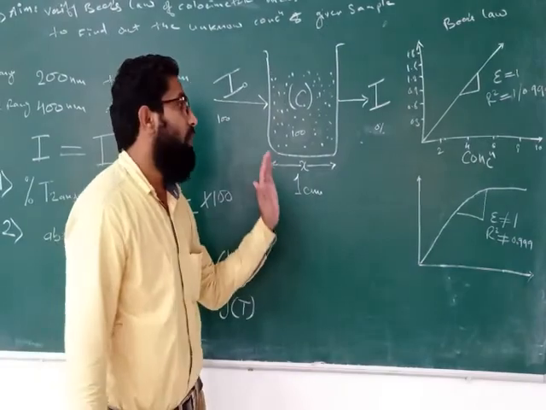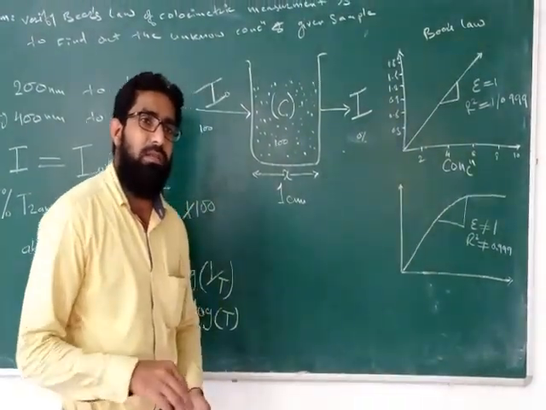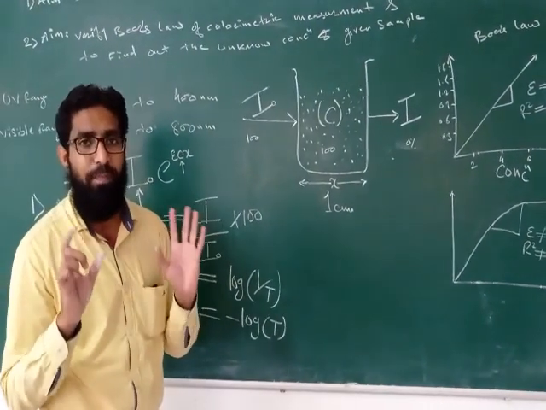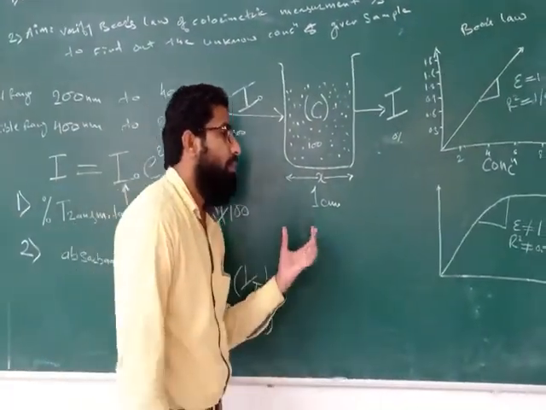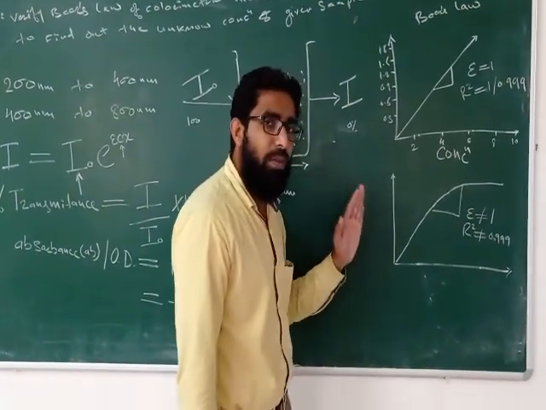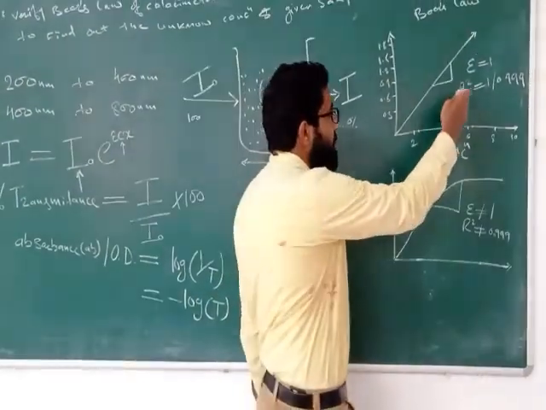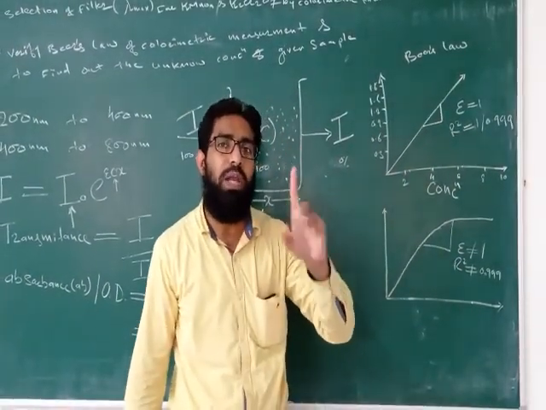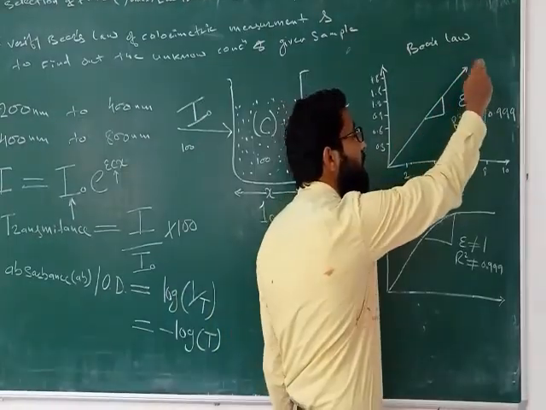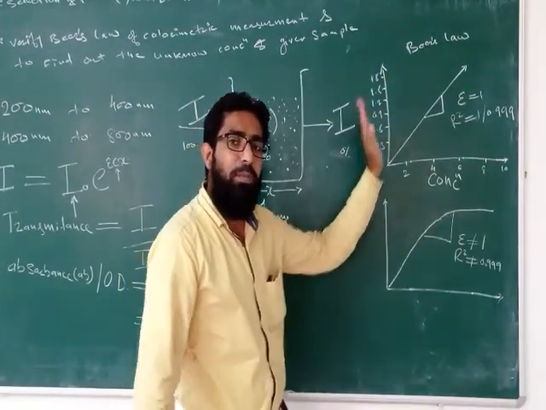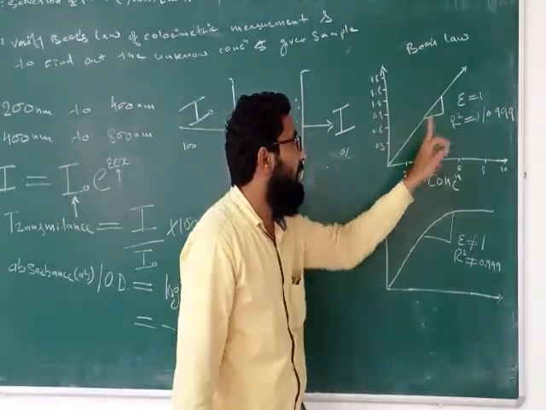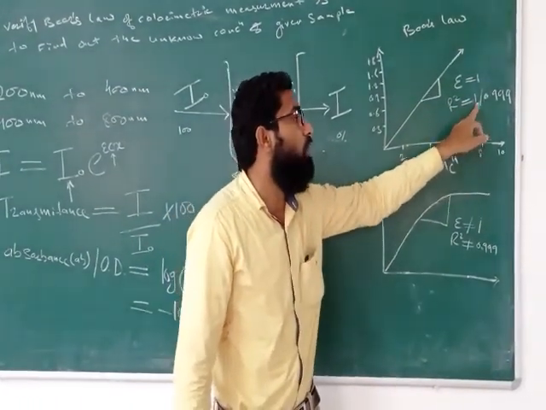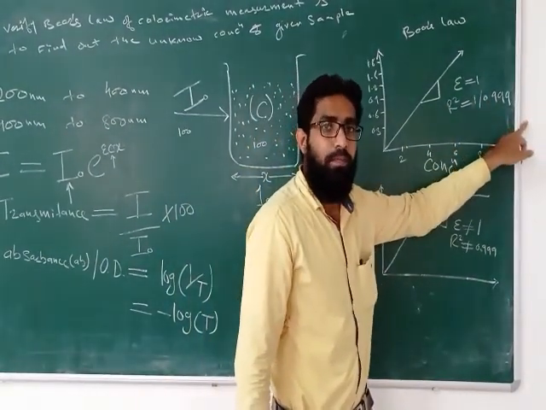Now listen to the significance. As we know, only a dilute solution can obey Beer's law. What does it indicate? It means that for a dilute solution obeying Beer's law, the line must be linear, passing through the origin, having an R square value equal to 1 or 0.999.